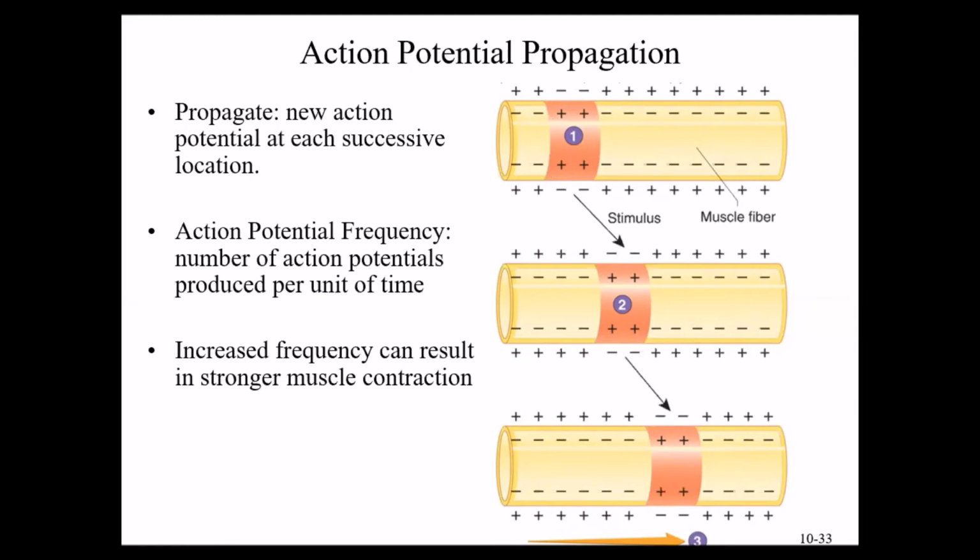It doesn't get the action potential all at the same time. It happens very quickly, but it's not all at the same time. One section becomes depolarized, and then that stimulates the next section to become depolarized, and that stimulates the next section to become depolarized. And the process continues down the length of that muscle cell.